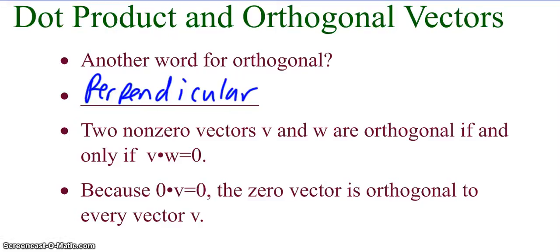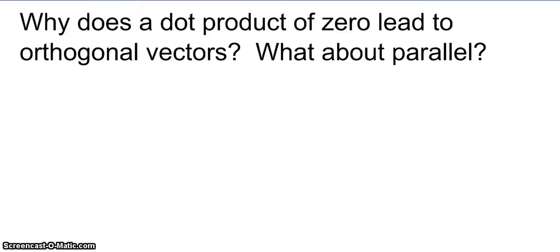So let's think about this for a second before we go into an example. Why does a dot product of 0 lead to orthogonal vectors? And what about parallel vectors? Does the value of the dot product tell us anything about if the vectors are parallel or not?